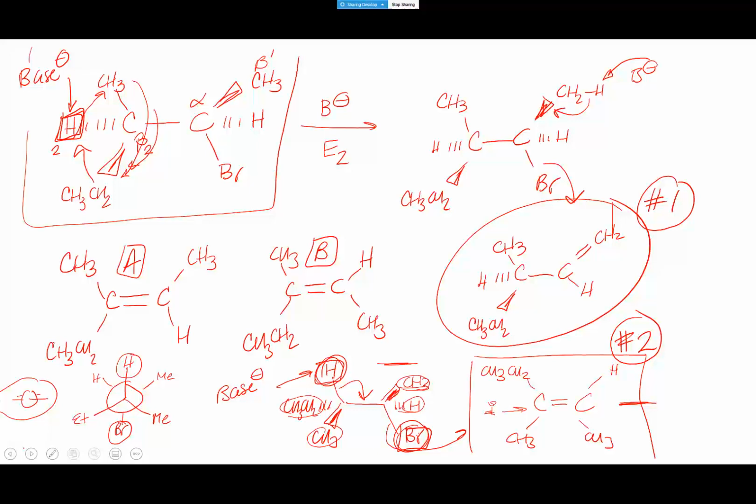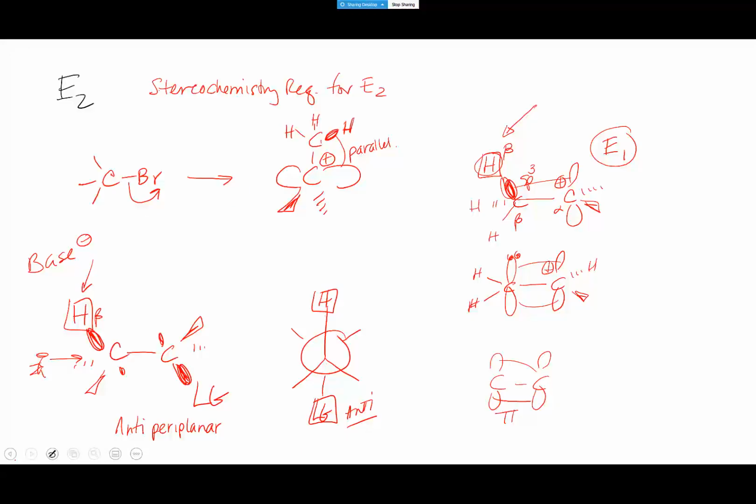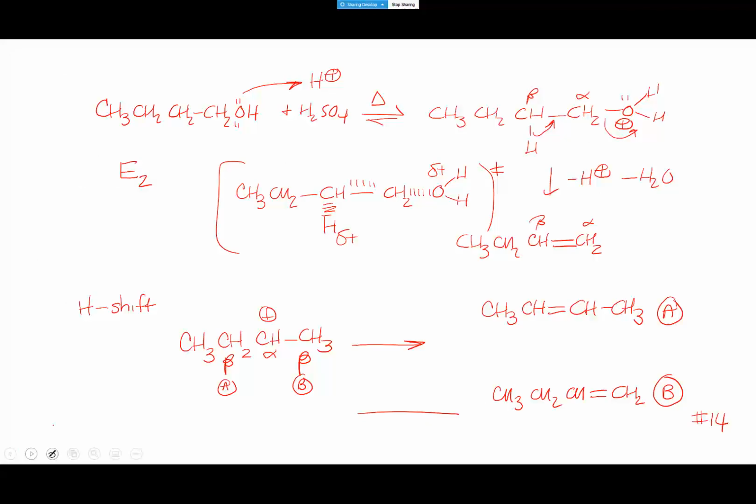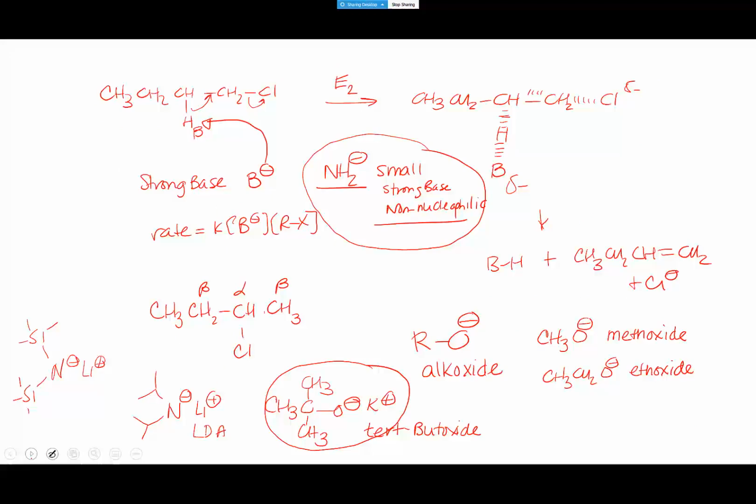It could ask you to do a mechanism of an E2, and so the mechanism of the E2 would be what we did with the base coming in, reacting with the hydrogen to form the transition state, and then the final product.